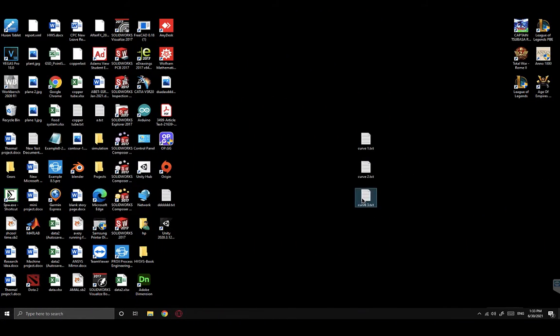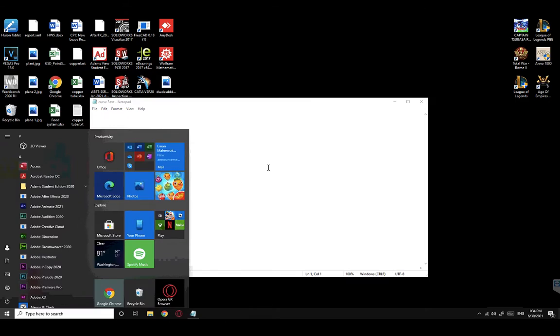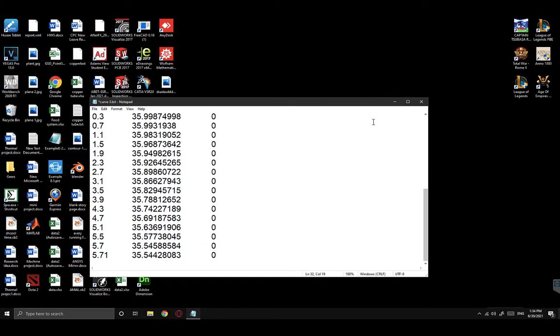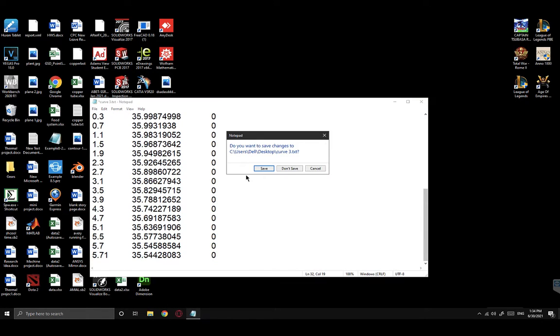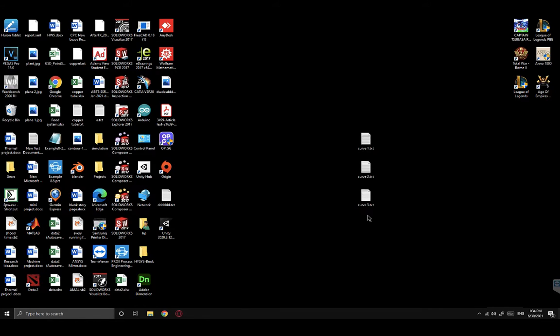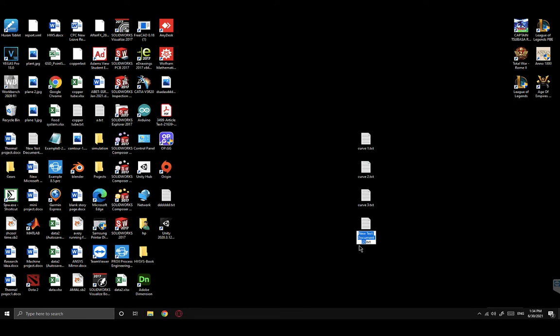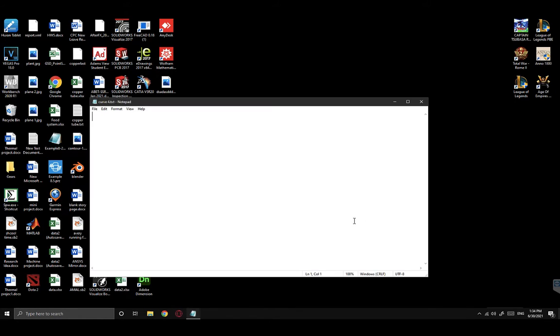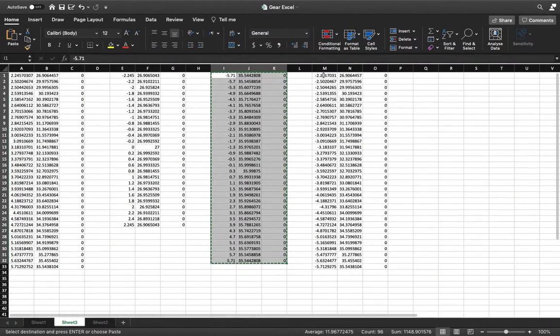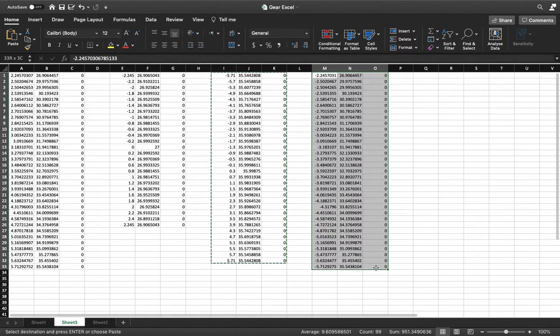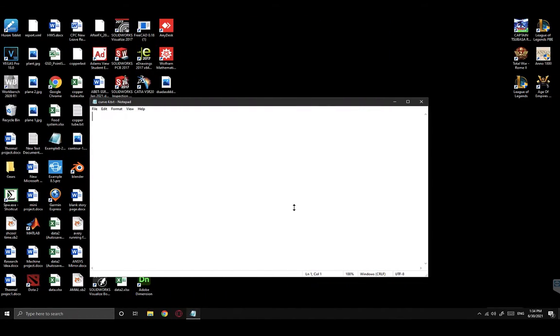Curve 3. So Control V. Yes, correct. Continue. Curve 4. The mirror involute. So copy, paste.